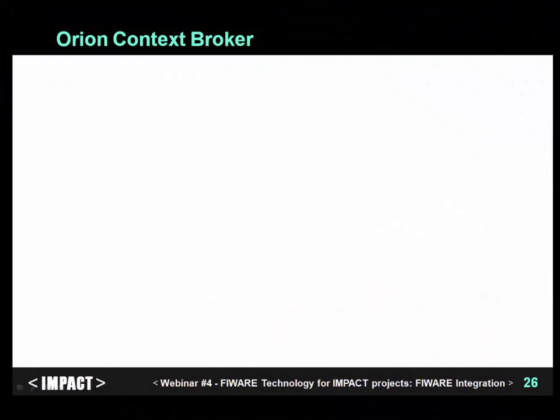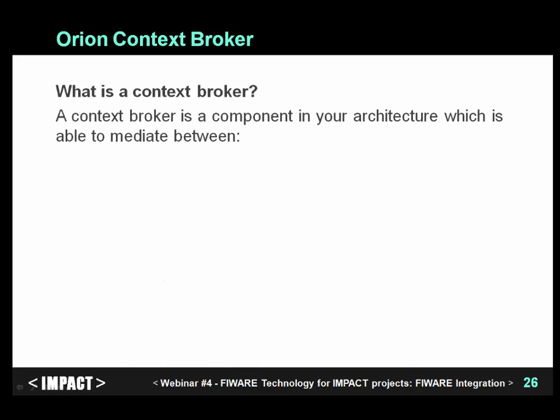Let's begin with a small reminder of what a context broker is. In general, a context broker, and Orion in particular, is just a piece of software that you put somewhere in your architecture, mostly at the heart of the architecture, and which is able to mediate between information producer applications, that is, applications that produce information, like for example sensors, or an application used by someone that gives some kind of information to the system.